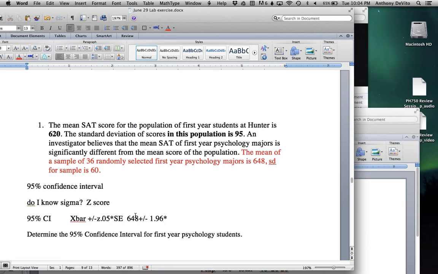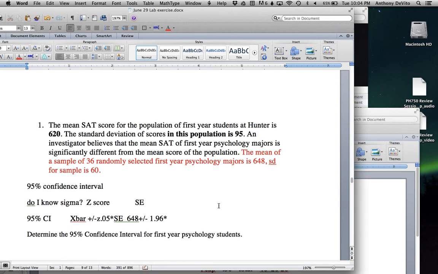The z-score, that's our 95%. That number of standard errors represents capturing 95% of the possible values for the actual population mean to the left and to the right of the mean that we found when we sampled it, times the standard error. Well, now I've got to calculate standard error.